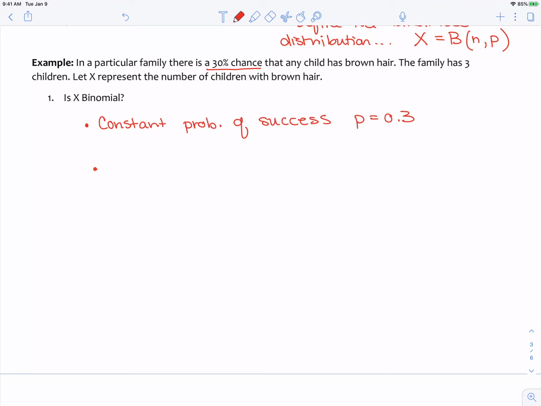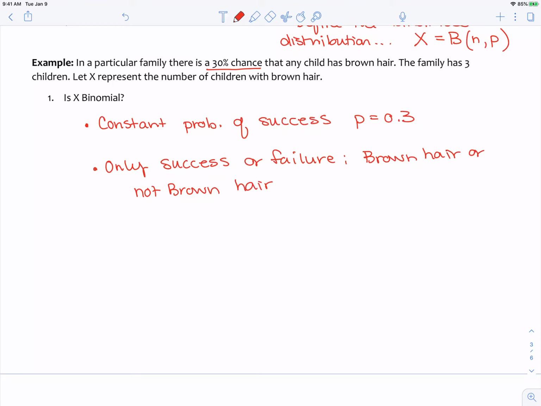The other thing that we need to verify is that there are only 2 options per trial, only success or failure. In this case, that is true. They could have brown hair or not brown hair. Those are our only 2 possibilities. The other thing we need to check is that we have independence.